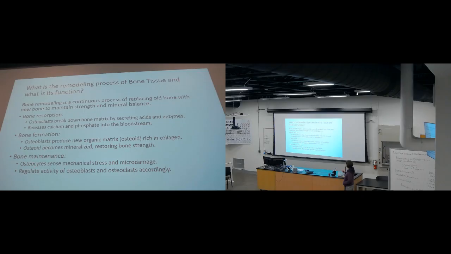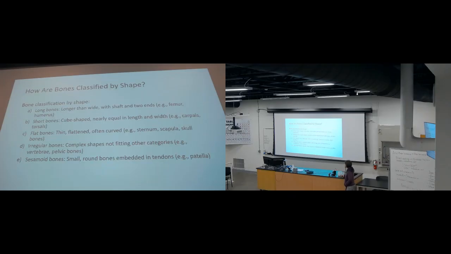So in bone maintenance, you have the osteocytes sensing mechanical stretch and micro damage. So again, that's when you do exercise and then you fortify your bones. And then that requires balance between the activity of both osteoblasts and osteoclasts.